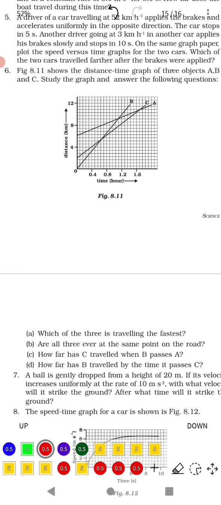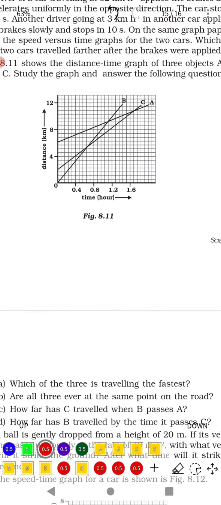Okay, so we have three objects A, B, C. First question is, out of these three, which one is traveling fastest? For that, remember one thing: in a distance versus time graph, fastest means what? Whose speed is more? Out of these three, which one is having maximum speed? That is the question. So how to get speed from a distance versus time graph?